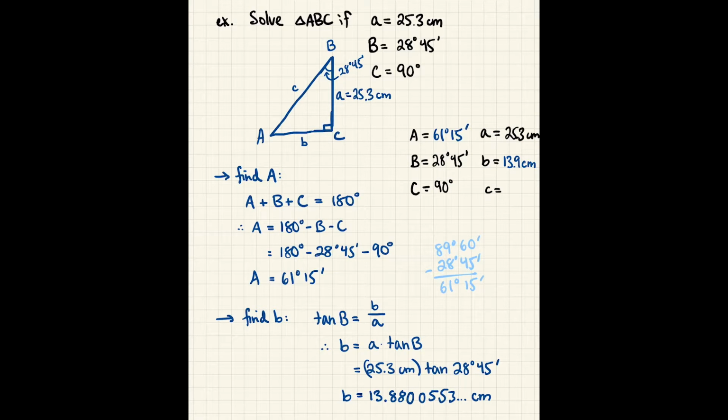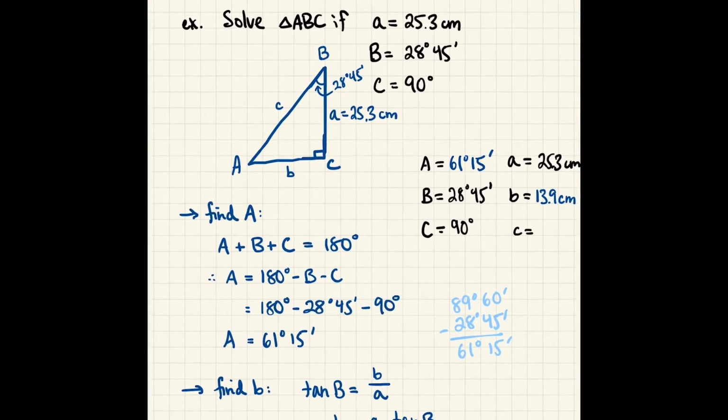However, if we were going to need b in a further calculation, we should not use 13.9. We should use the 13.8800553 that's down here. And this is because we only round as our final answer. We never round partway through a problem and then use a rounded figure to calculate.